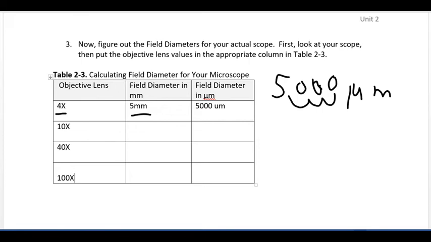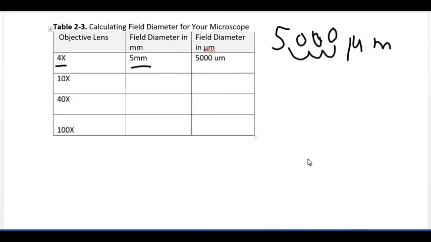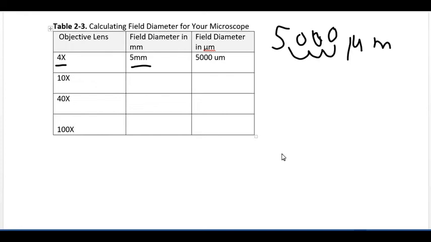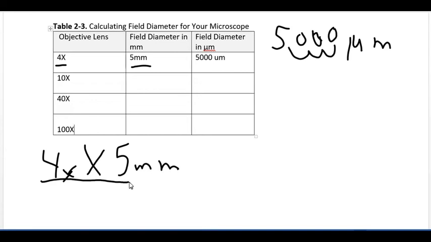Okay, so going back to the calculation. So again, I'm going to look at the known field size, which is 4x. I'm going to multiply it by my 5 millimeters. Those are my 2 known values. And again, I want to stick with those from here on out so I don't have to remember what to put on the top. And then I'm going to divide it by 10x. And again, the x's are going to cancel out.